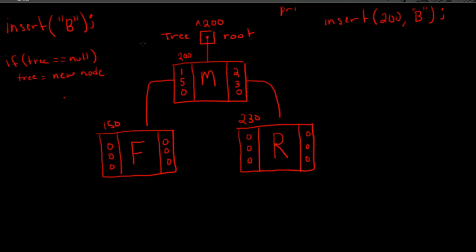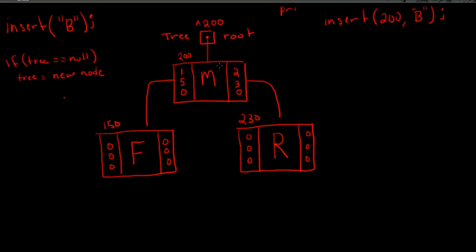So then our base case. Yes, we're going to have to use recursion to actually insert a node into a tree that's already filled with nodes, right? So I'm going to insert b at 200. It checks the base case.